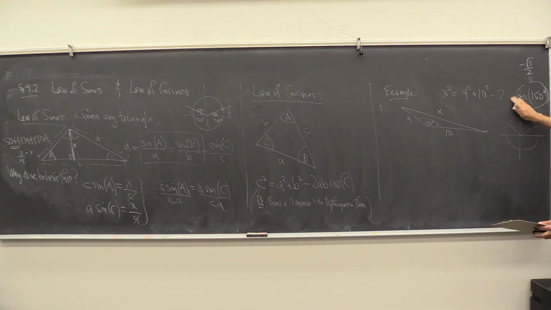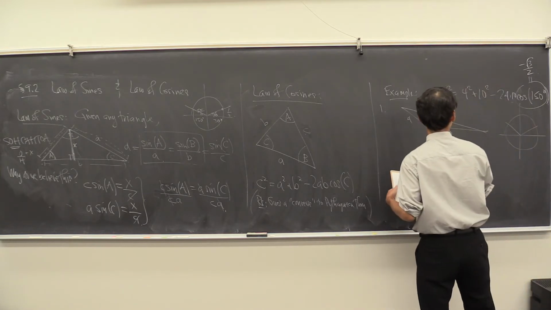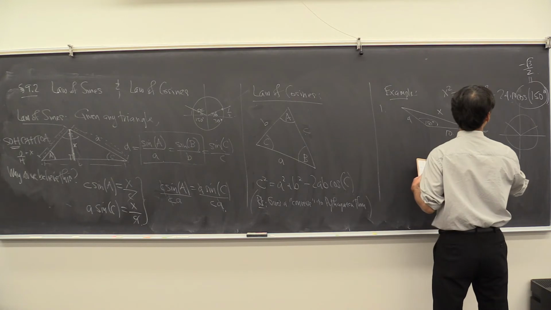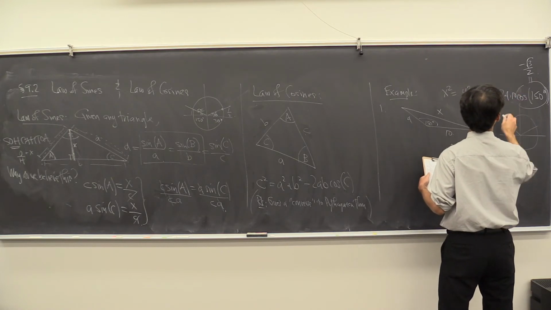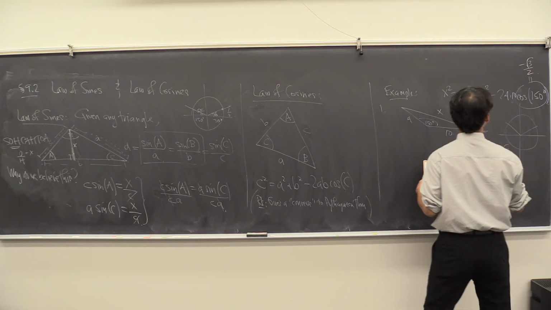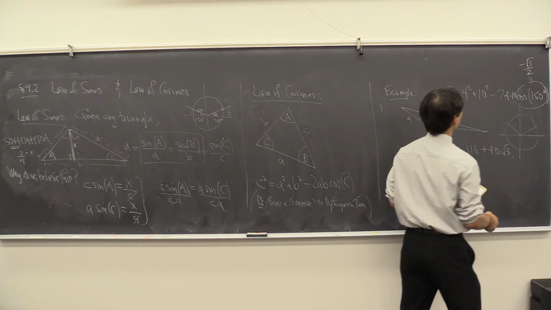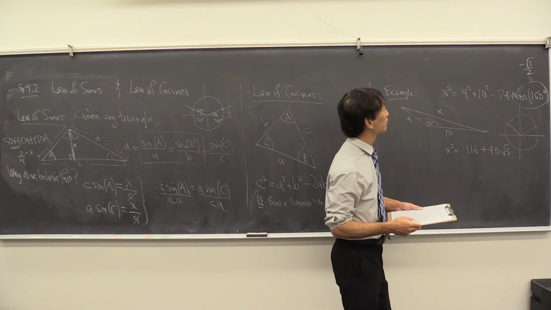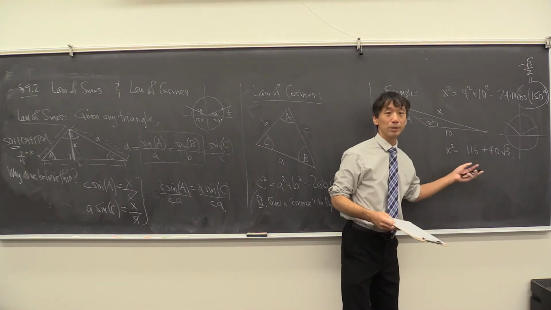Whoops, I should have written a and b here. 2 times 4 times 10 times negative root 3 over 2. I'm not going to work it out. We just multiply these things, right? So you get x squared is equal to 116 minus 40 root 3s, plus 40 root 3s. And so x is going to be the square root of.